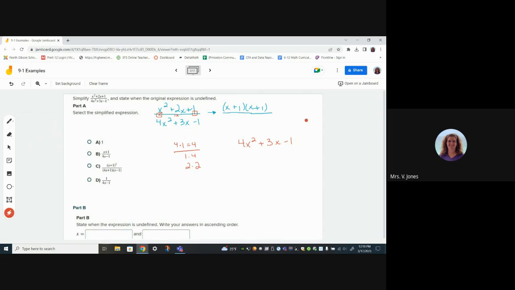Then we ask ourselves, do either of these subtract to give us the middle? That would be the 1 and the 4. So the 4x squared out front and the minus 1 out back, we're going to keep those. And once we've found which factors we're going to be using here, we're actually going to rewrite this 3x using a 1x and a 4x.